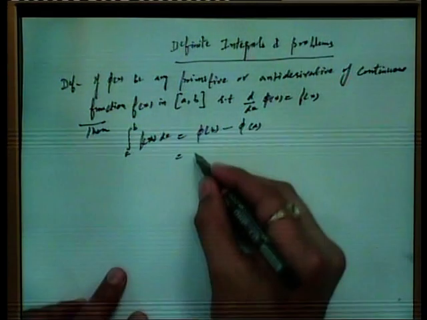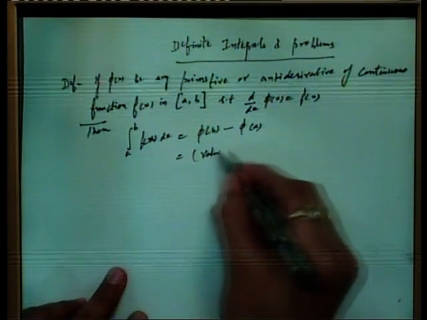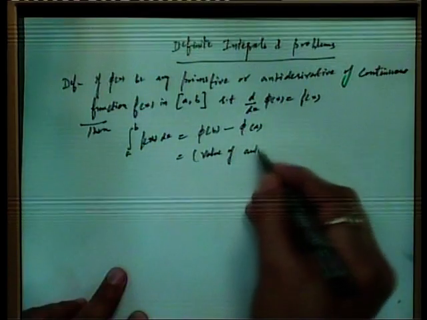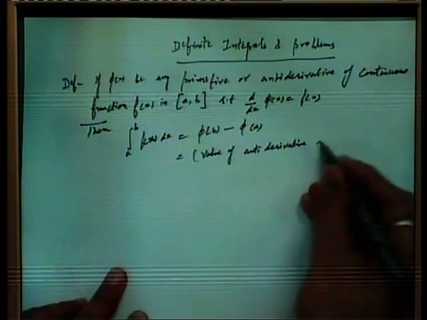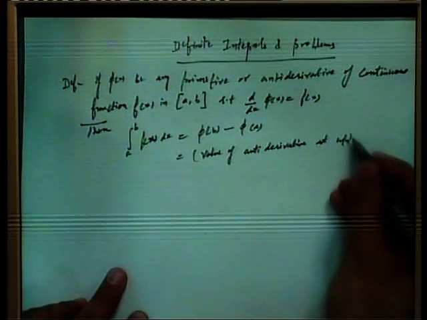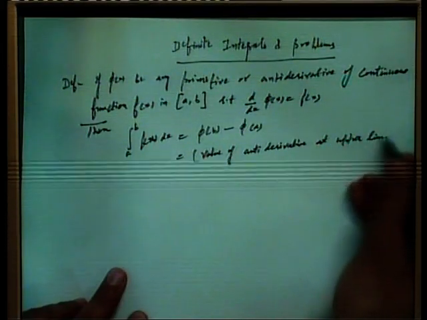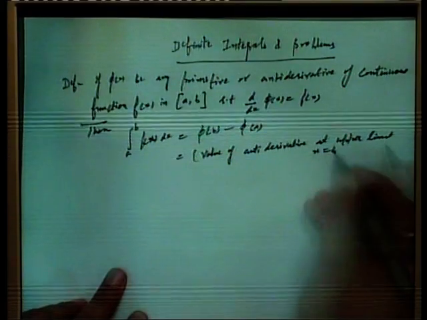the value of antiderivative at upper limit, that is at x equal to b.